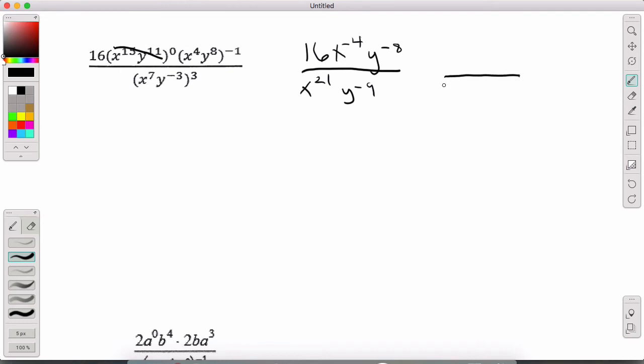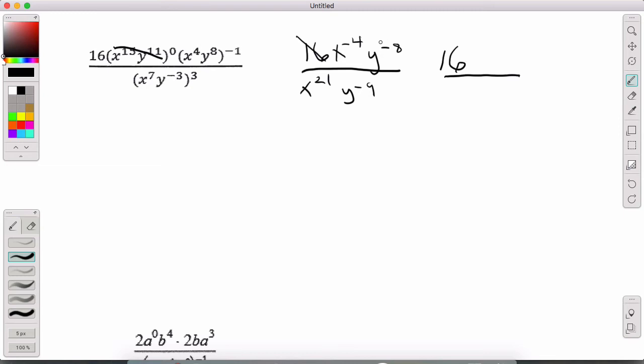Now that we've simplified our numerator and denominator, we can begin our division. No other whole number bases. Leave the 16. For the x's, negative 4 minus 21 would be negative 25.